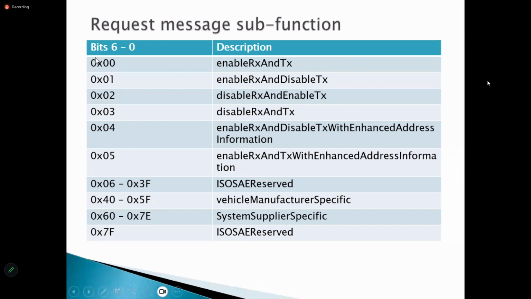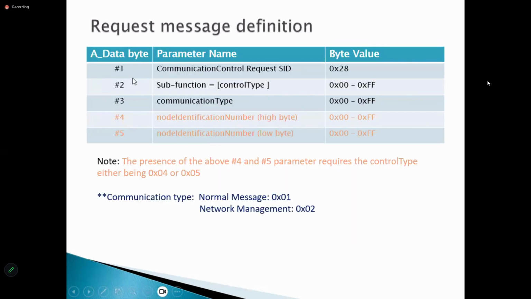But generally we are using only these 4 sub functions in the project: 00, 01, 02, 03. 04 and 05 are very specific, only a few projects use them. When this is used, our request will be of 5 bytes. Understood? So the presence of the 4th and 5th parameter requires the control type to be either 4 or 5.